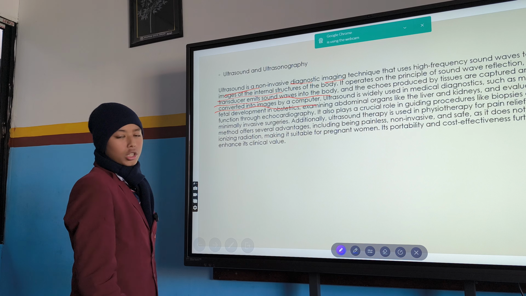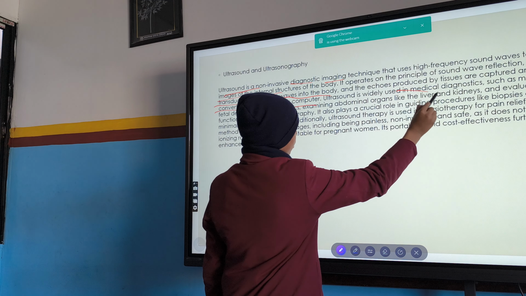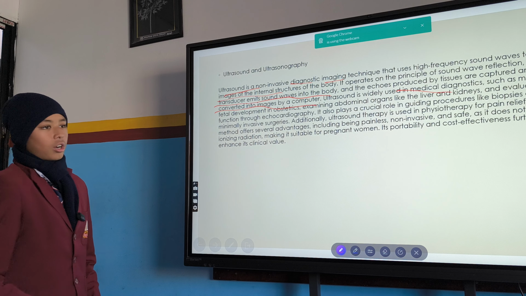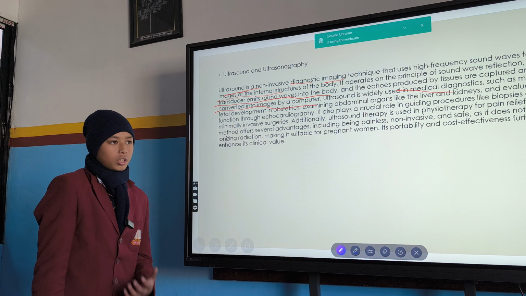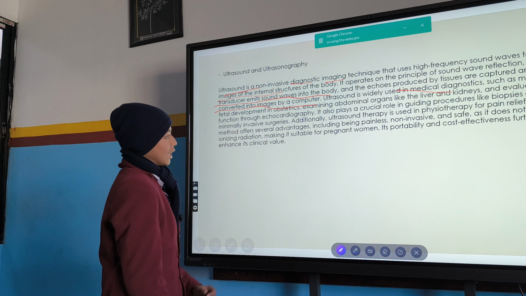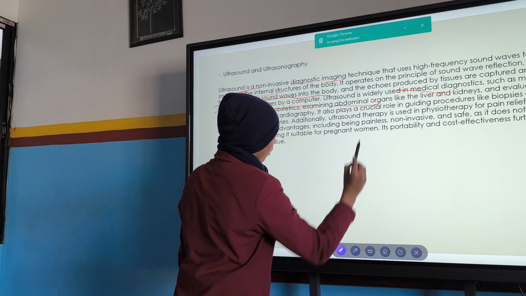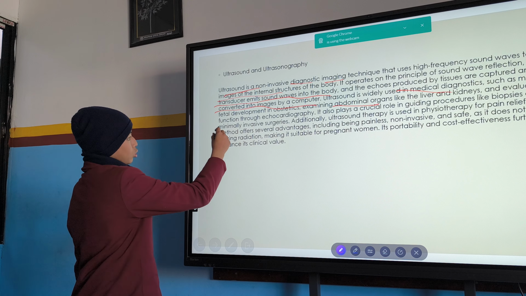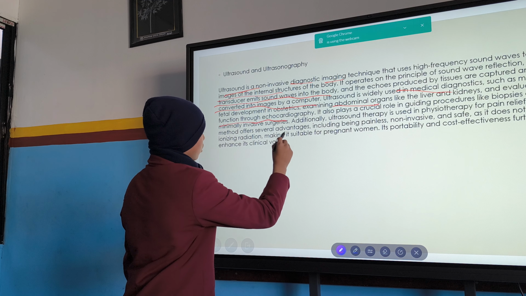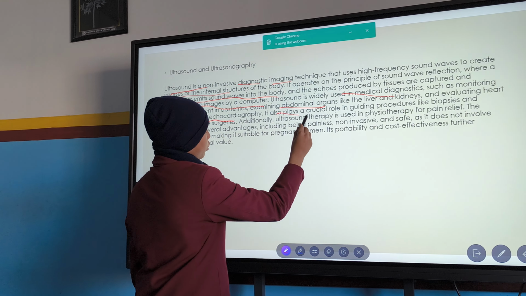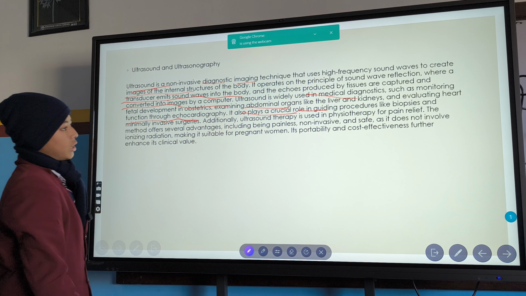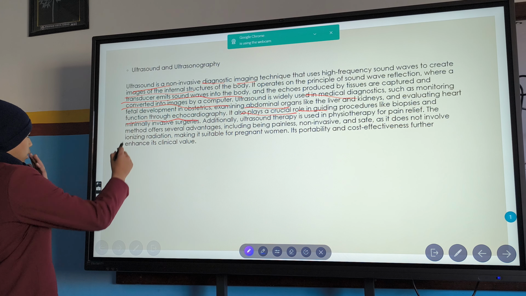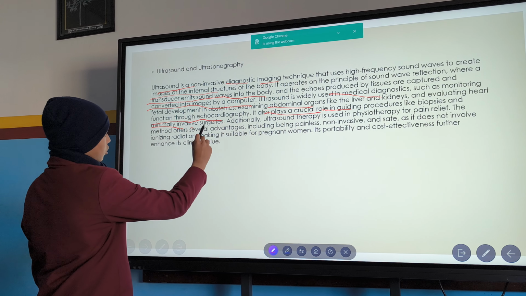Ultrasound is widely used in medical diagnosis, such as monitoring fetal development in obstetrics, examining abdominal organs like the liver and kidneys, and evaluating heart function through echocardiography. It also plays a critical role in guiding procedures like biopsies and minimally invasive surgeries.